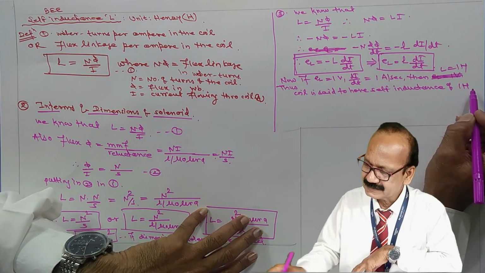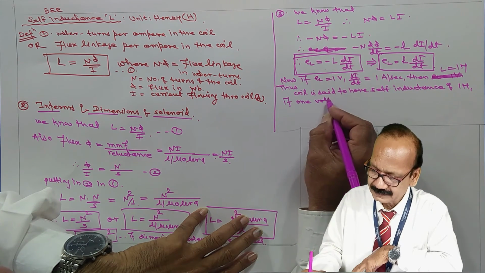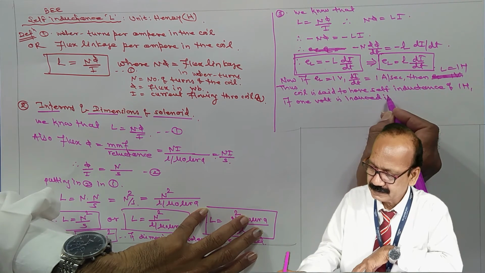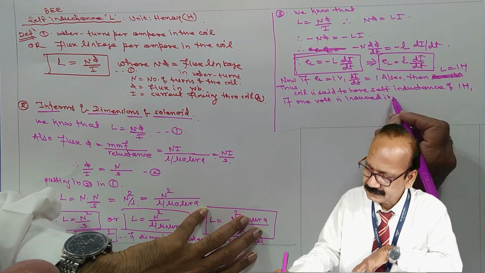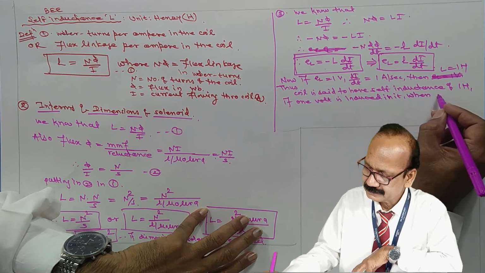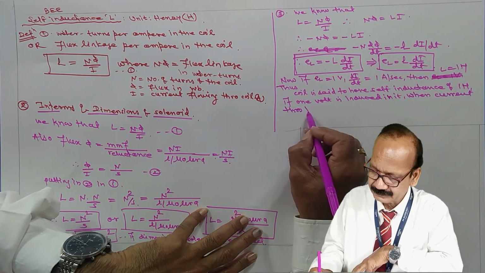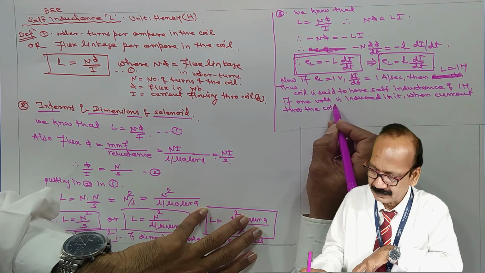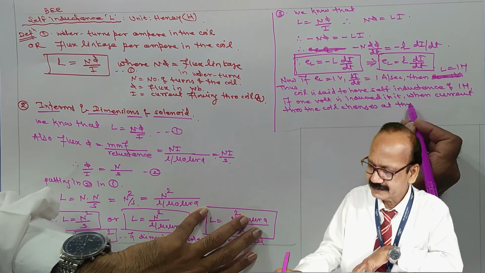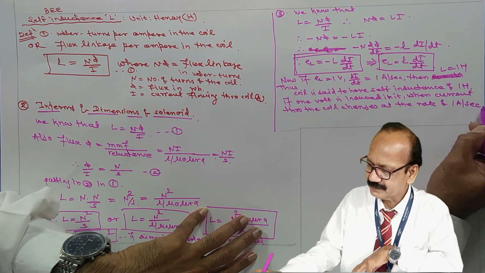A coil is said to have a self-inductance of 1 Henry if 1 volt is induced in it when current through the coil changes at the rate of 1 ampere per second.